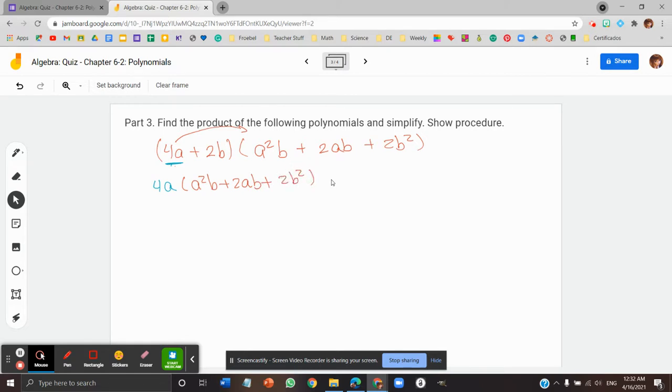We'll do another color. The second term times the group, plus 2b times a to the second b plus 2ab plus 2b to the second. Now I can use the distributive property again.